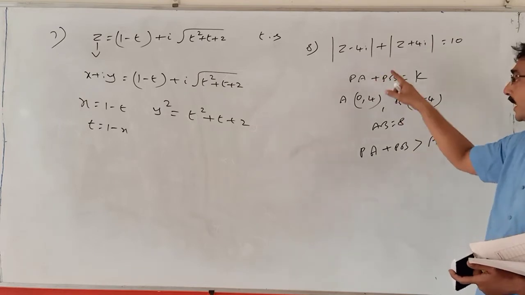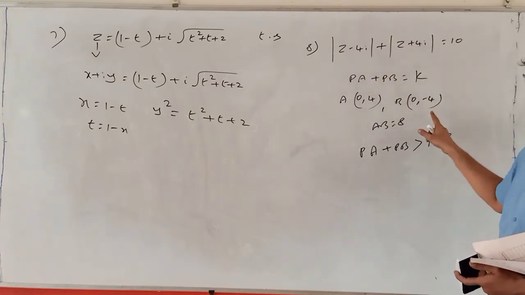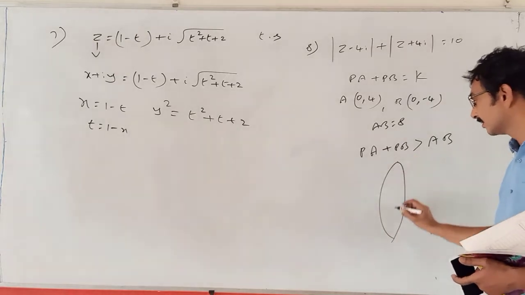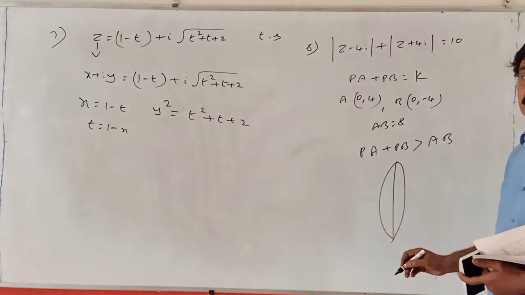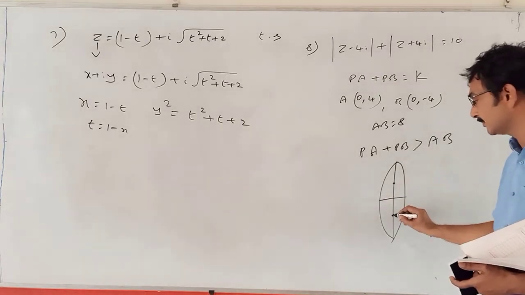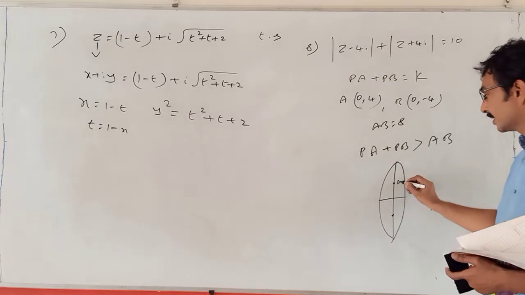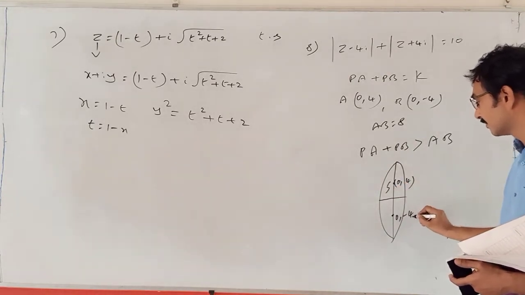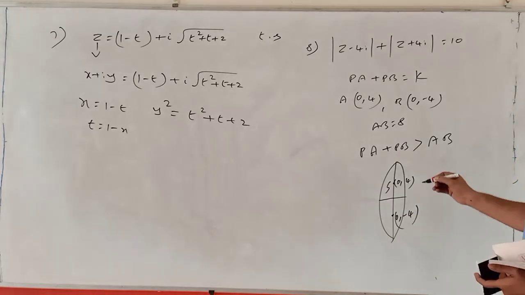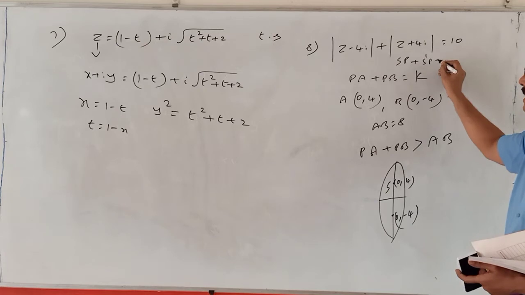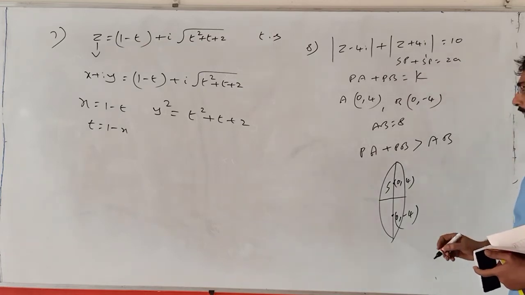Whose foci are (0, 4) and (0, -4), meaning vertical, with the minor axis less than the major axis, gives an ellipse. Already ellipse one. So foci (0, 4), (0, -4). Compare this with SP + S'P equal to 2a.